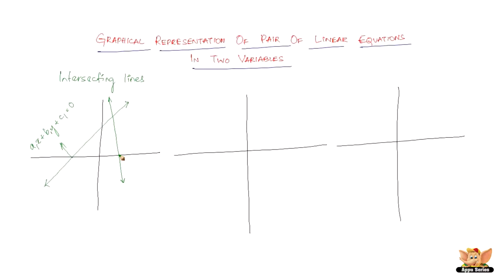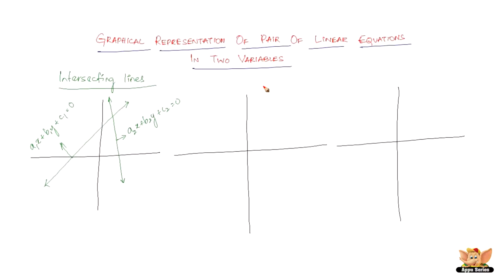This other line is another equation, a2x plus b2y plus c2 equals 0. These are the two linear equations whose graphical representations are these two green lines, and they intersect each other. So this is one of the types of graphical representation, which gives us intersecting lines.